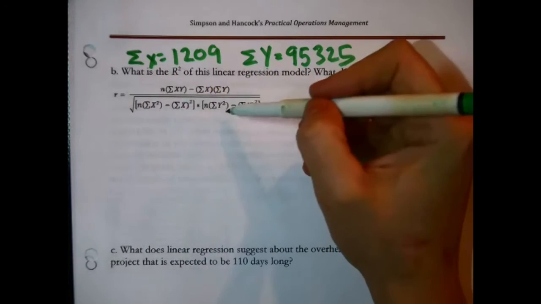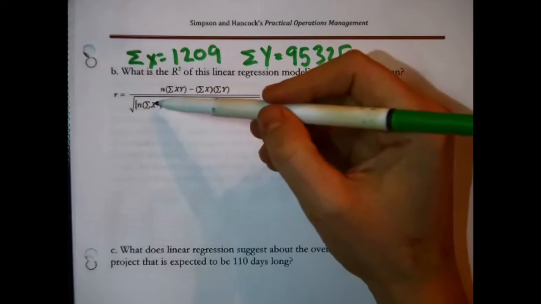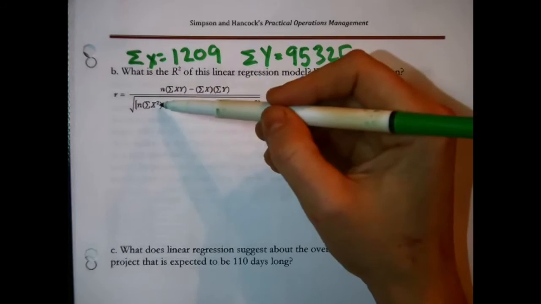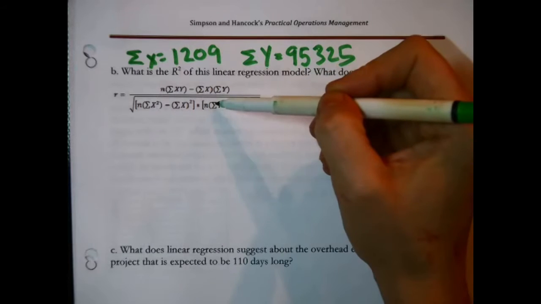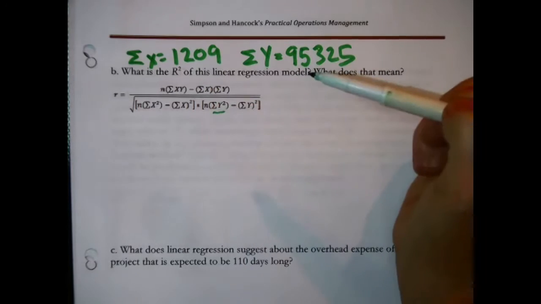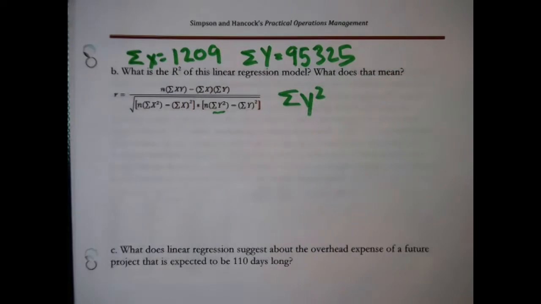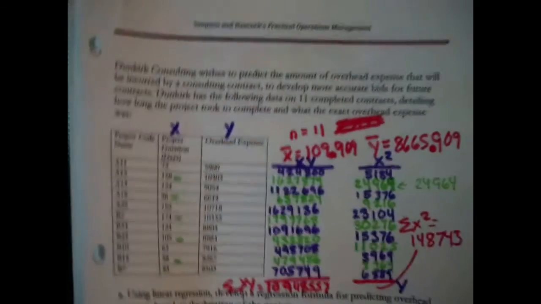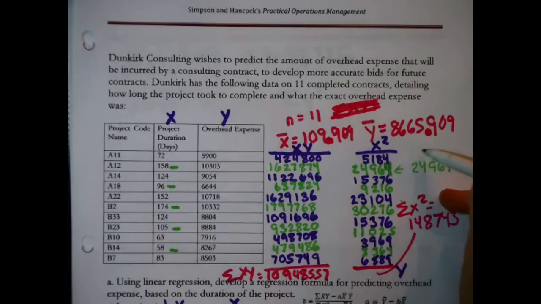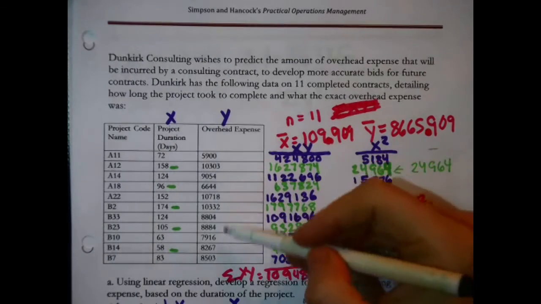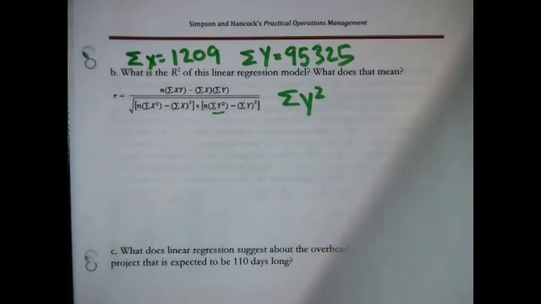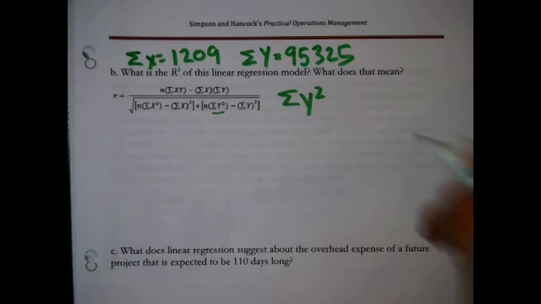Okay, any other summary statistics in here we haven't seen so far? Yes, there's another one. We calculated the sum of x squared last time, but for this formula you also need, you can see it right here, the sum of y squared. So what I did was I created another column for y squared, squared each one of these, added them up. I'll share the number with you. It's rather long.